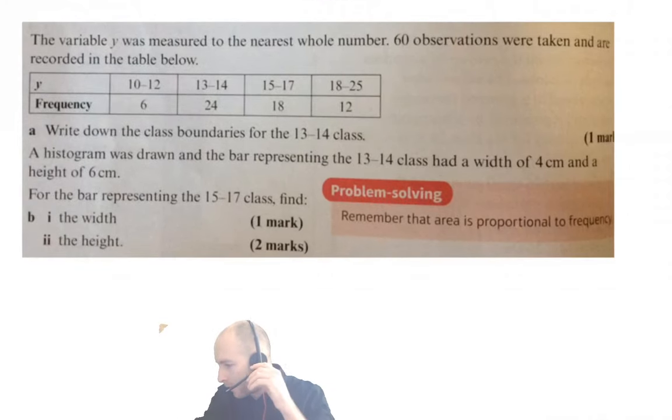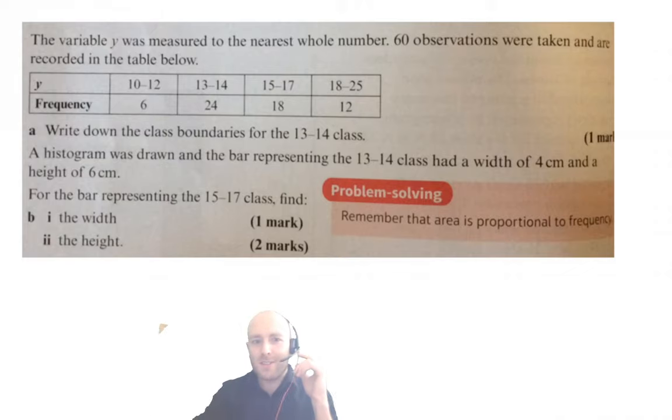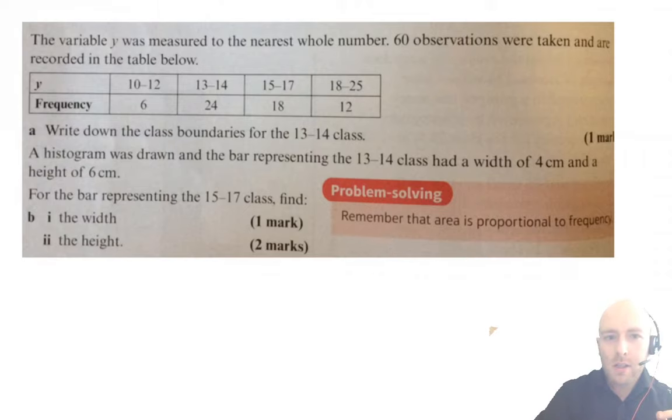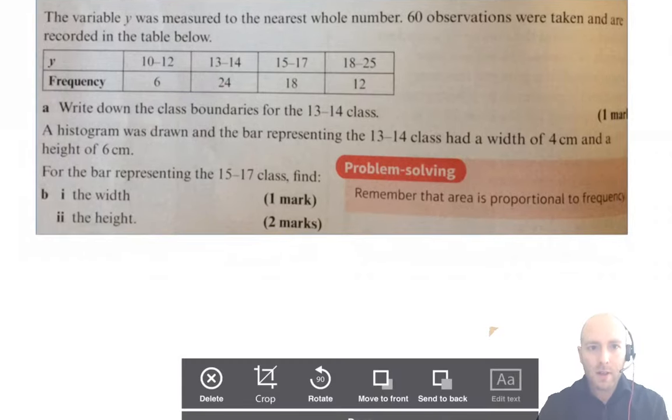Cool. Right, welcome back. So a few answers there. It looks like you guys are all in agreement with each other. Yeah, Billy corrected yourself there. Good. Okay, let's go through this one then. So, yeah, same idea again then. So write down the class boundaries for 13 to 14 class.